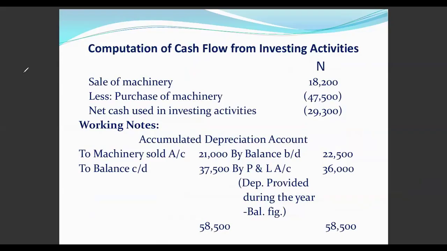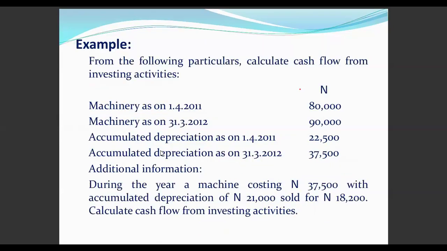See, the sale of machinery we are calculating, it is 18,200. We have the machinery account opening balance.